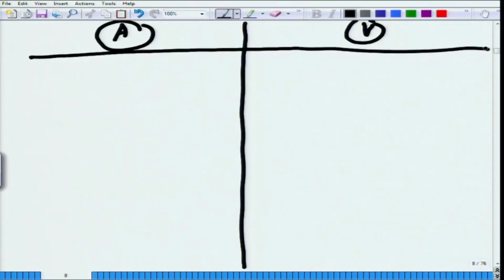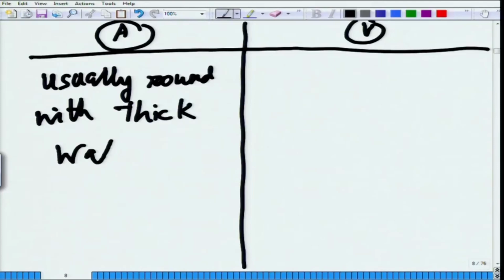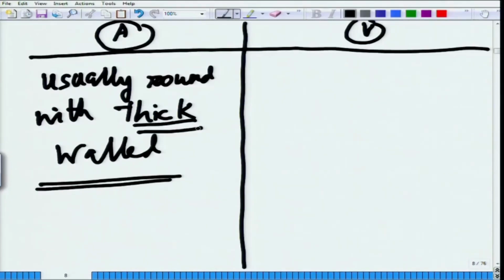Okay. So, these are usually round with thick walls, as you could see in the previous diagram I was showing you. They have a very thick wall. This is very important.